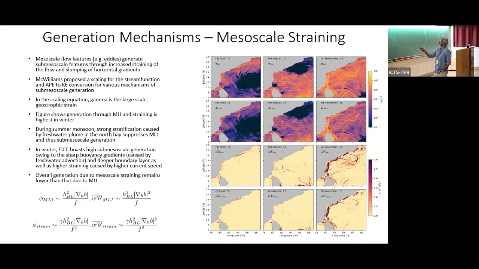We see fairly strong values of the mixed layer instabilities during summer, and corresponding strain also during the summer monsoon time. But when we look at the vertical buoyancy fluxes owing to these processes, we see that there is a certain amount of implication to submesoscale during the springtime, owing to both of these processes, instabilities and strain. They are very weak during the summer monsoon time, but again strong all along the coast of India during the northeast monsoon season.